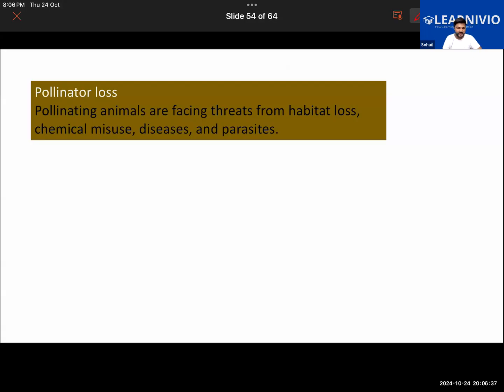Their home is being destroyed, so they are under threat. Also, we use certain chemicals to kill pests and insects, so that is another threat for them. They may also be dying due to some disease, or be under threat due to parasites as well.